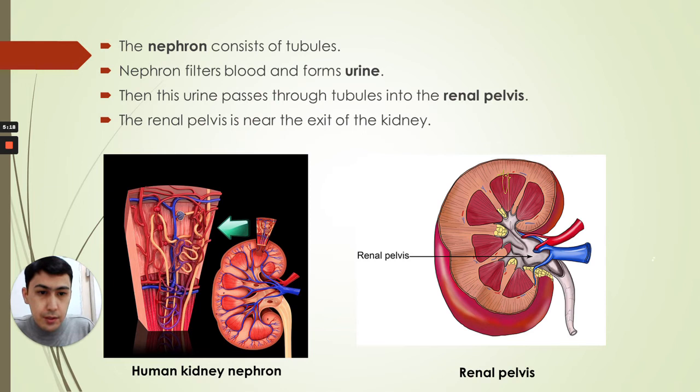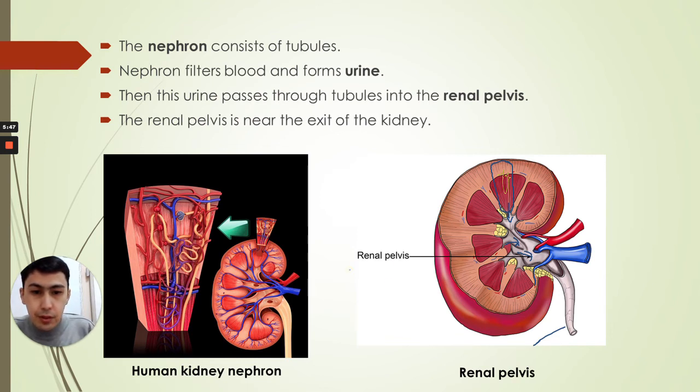So here you can see the nephron. One part of the nephron is located in the cortex, and one part is located in the medulla. Then all the urine is collected and poured into the renal pelvis.